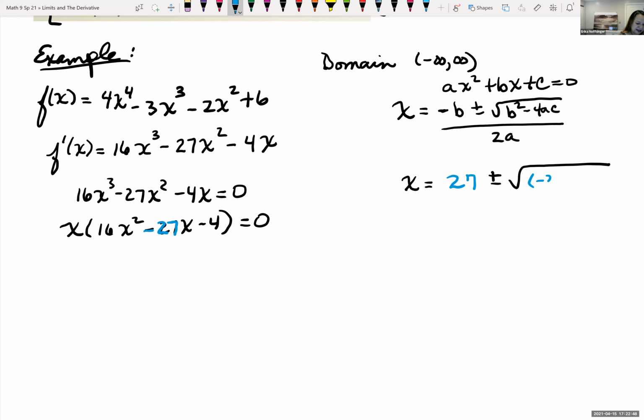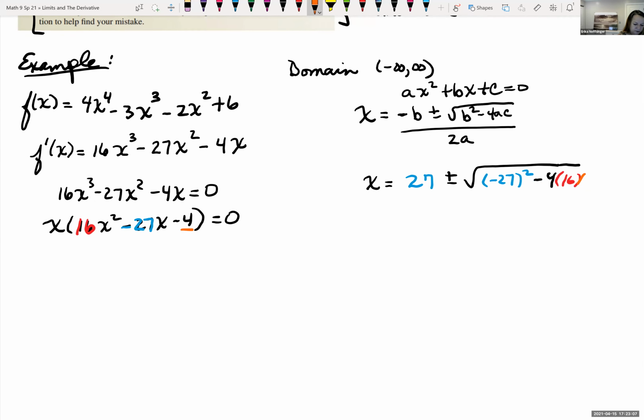So negative 27 quantity squared, minus 4 times our a value, which is 16, times our c value, which is negative 4, all over 2 times a, which was 16.